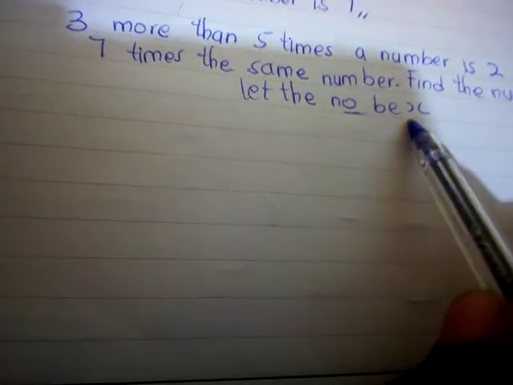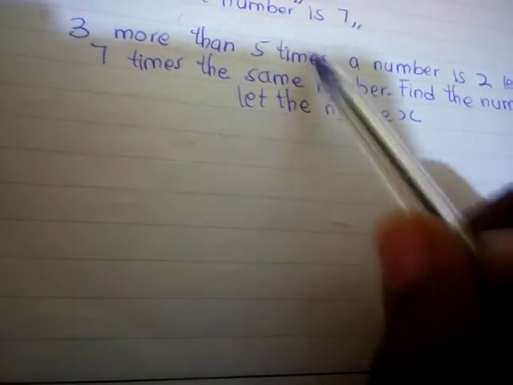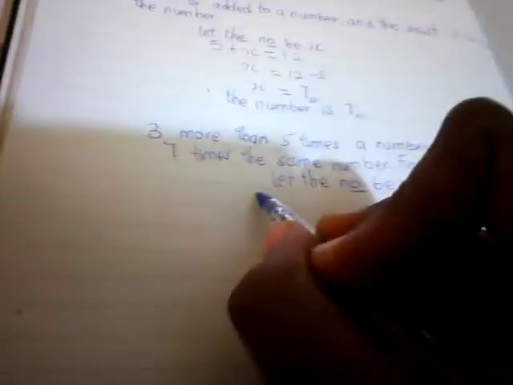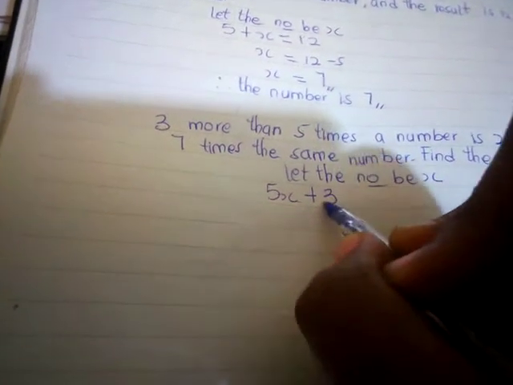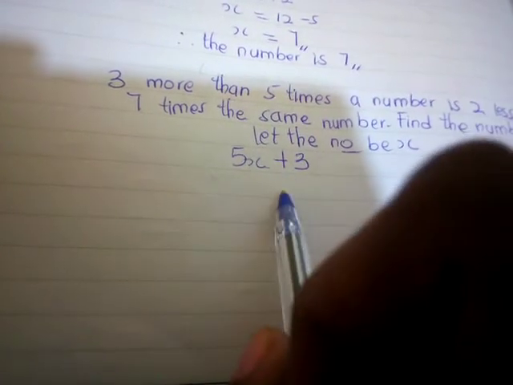And 5 times a number means 5 times that number, and we said let the number be x. So 5 times a number means 5x. So here we can say 5x plus 3.